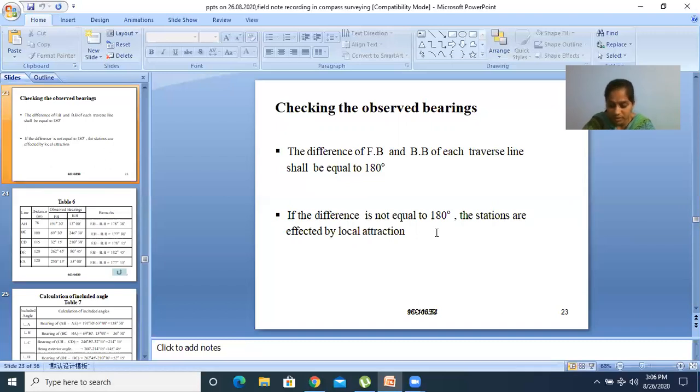So we know that by comparing the forebearing and back bearing of every line, we can assume whether the stations are affected by local attraction or not.